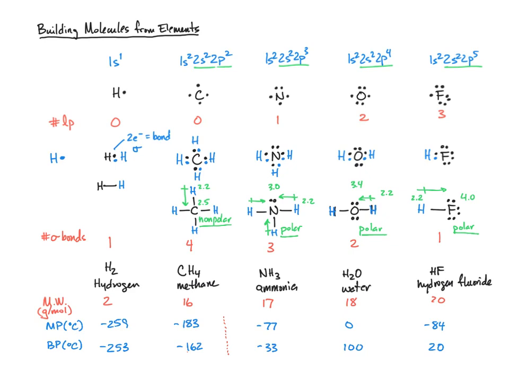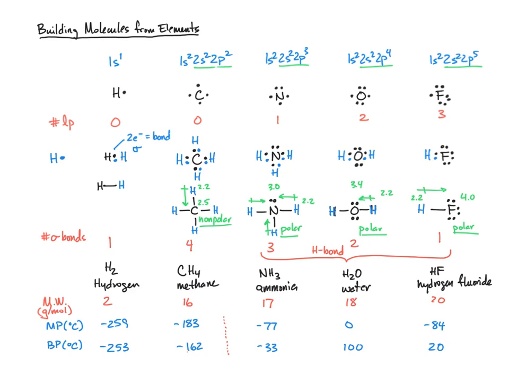Another thing that nitrogen, oxygen, and fluorine can have that carbon cannot is hydrogen bonding. These elements, nitrogen, oxygen, fluorine, can hydrogen bond, and if you remember, that is an intermolecular attractive force. These molecules are attracted to one another, so that will effectively increase the boiling point along this trend.